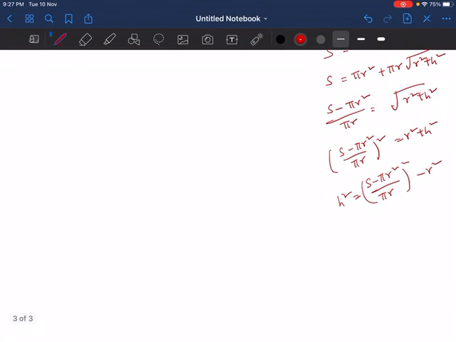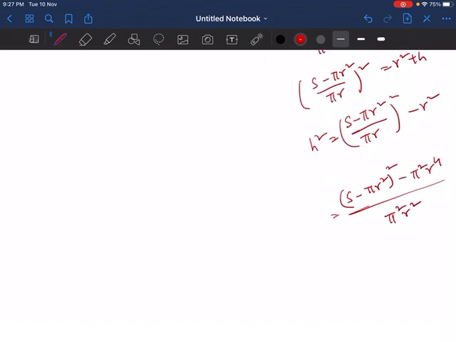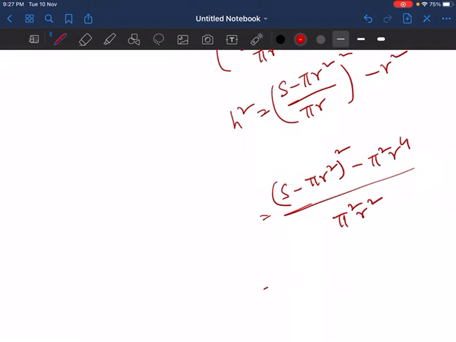Let us solve this one. The LCM will be pi square r square. In the numerator we have S minus pi r square whole square, and minus pi square r to the power 4, right? Let us do the squaring in the numerator: S square minus 2 pi r square S plus pi square r to the power 4 minus pi square r to the power 4, divided by pi square r square.